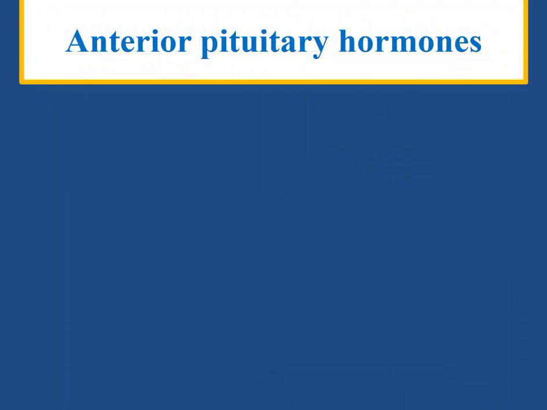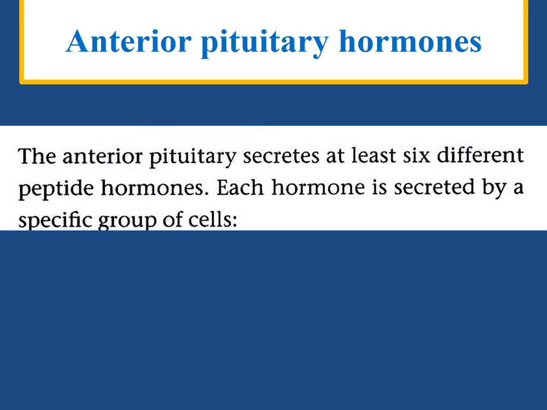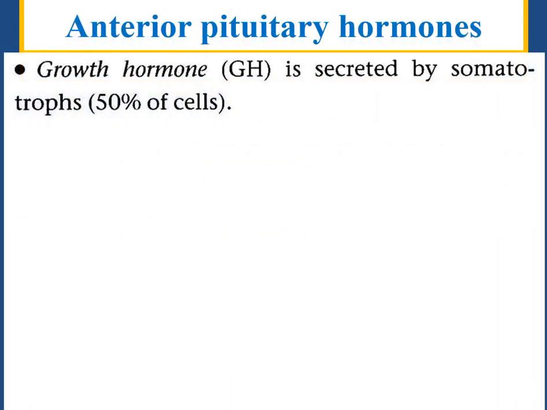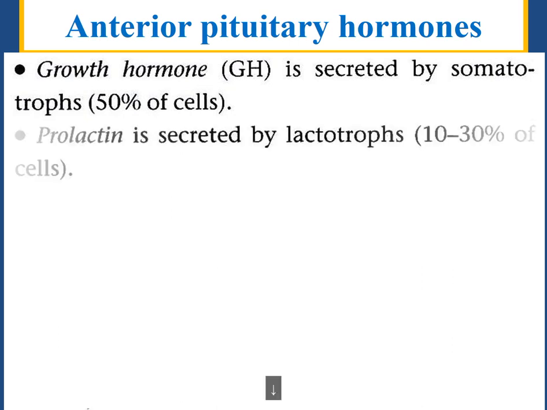Anterior pituitary hormones. The anterior pituitary secretes at least 6 different peptide hormones. Each hormone is secreted by a specific group of cells. For example, growth hormone is secreted by the somatotrophs. They account for 50% of cells of the adenohypophysis. Prolactin is secreted by the lactotrophs, 10 to 30% of cells.